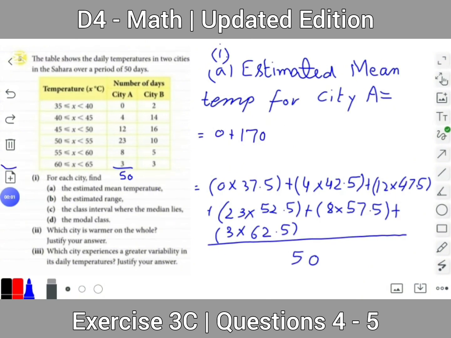Now 0 times 37.5 is 0, 4 times 42.5 is 170.